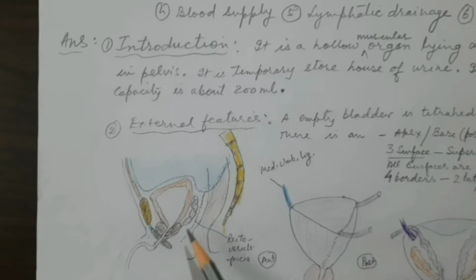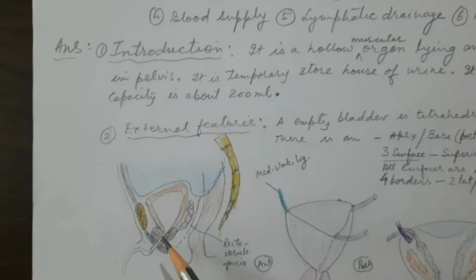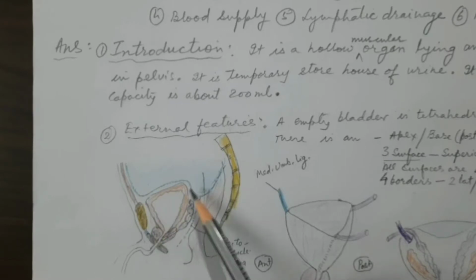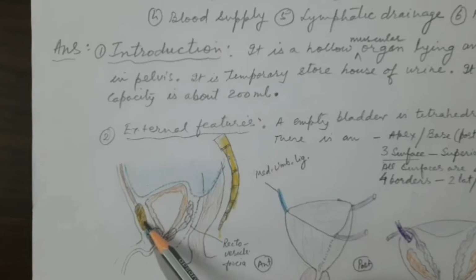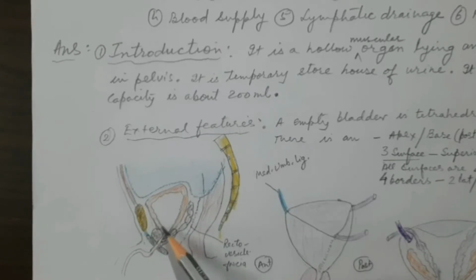If you see the location in detail, this urinary bladder in the true pelvis or the lesser pelvis is an organ which is just behind the pubic symphysis, and it is lying anterior to the rectum.